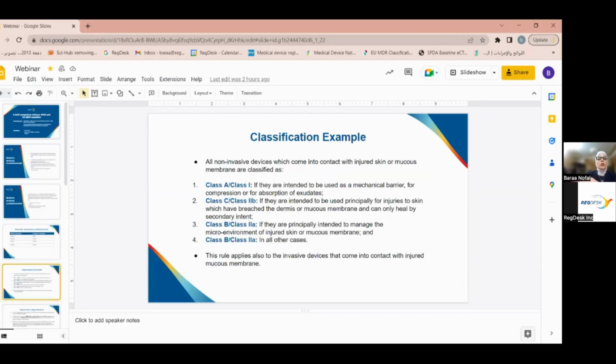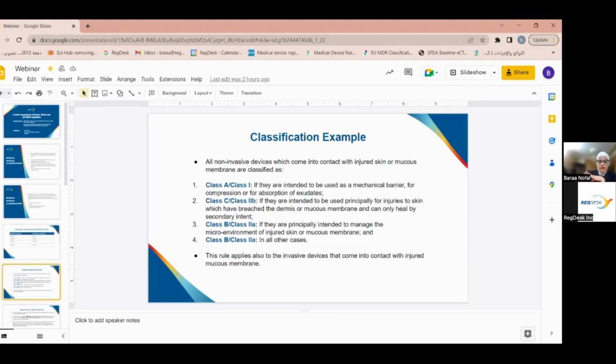For example, all non-invasive devices which come into contact with injured skin or mucous membrane are classified as class A in Saudi FDA and class 1 in MDR. And if they are intended to be used principally for injuries to skin, they are classified in Saudi FDA as class C and in MDR as class 2B, and the same for the remaining points.